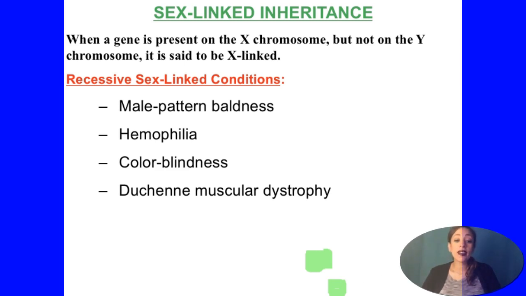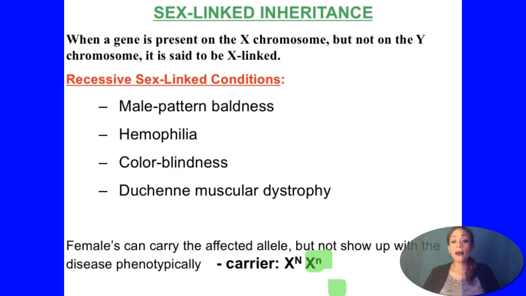Females can actually carry the affected allele, but because we have two X's, we may be considered a carrier and not phenotypically show up with that disorder or abnormality. So right here, let's say this is complete dominance, what we originally talked about as our first mode of inheritance. Let's say a female has this normal X and then this abnormal X with some sort of disease, let's say hemophilia.